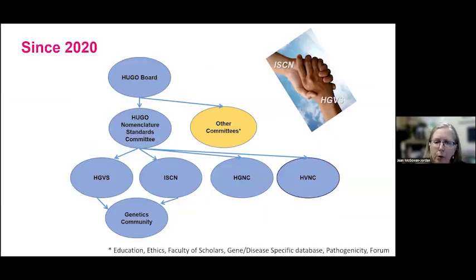A little more background. Since 2024, the ISCN has come under the HUGO Nomenclature Standards Committee, trying to work hand in hand with HGVS, as we have been for some time, for the betterment of the genetics community at large.